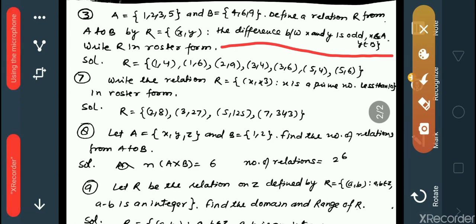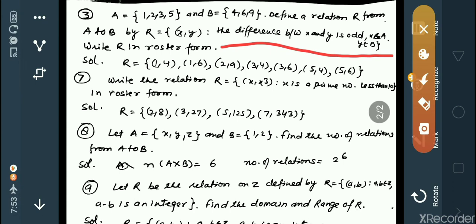Now move to another question, that is question number 7. Write the relation R = {(x, x cubed)} such that x is a prime number less than 10 in roster form. How many prime numbers are less than 10? 2, 3, 5, 7 are the prime numbers less than 10.